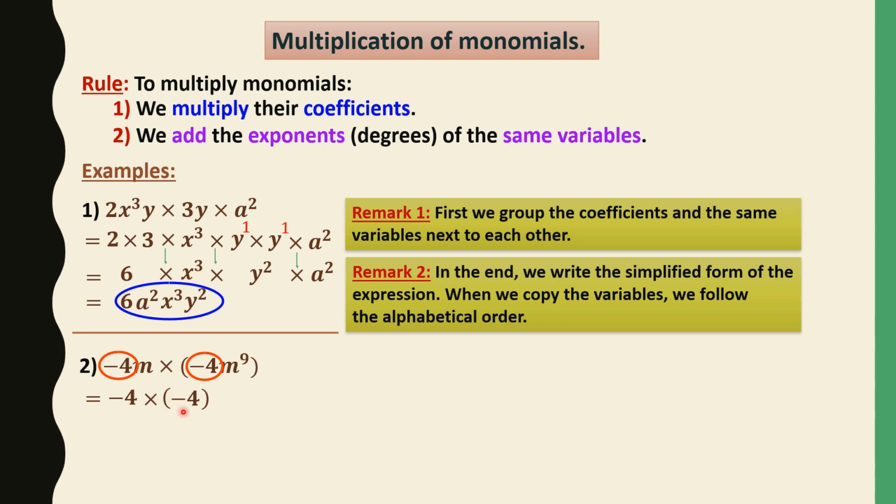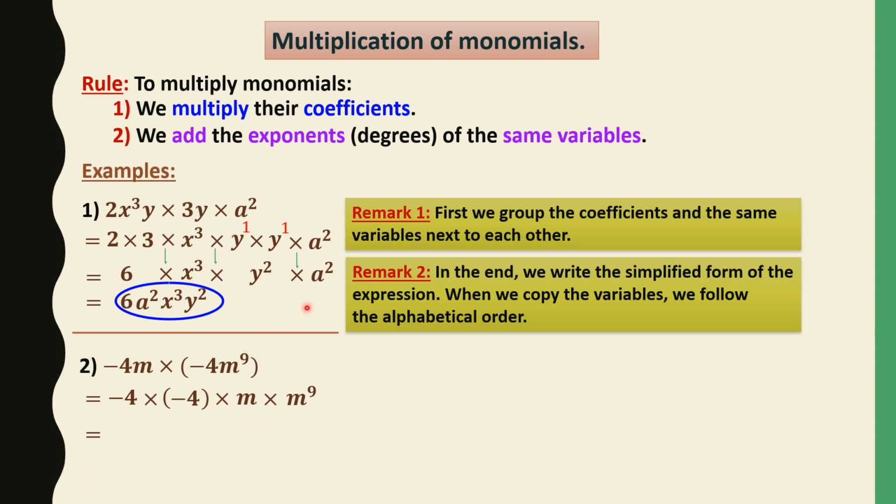No. When we multiply by a negative number, we put this number between parentheses. Then we copy the same variable. Here we only have one variable, m. We copy them next to each other: m and m exponent 9, times m exponent 9.